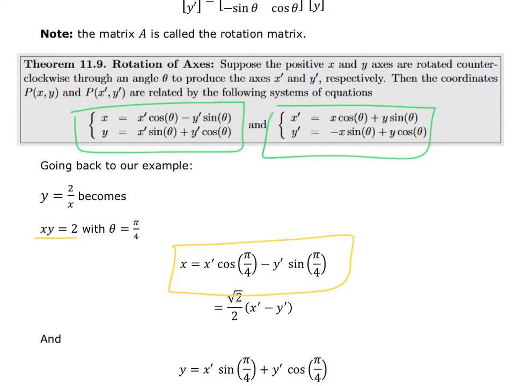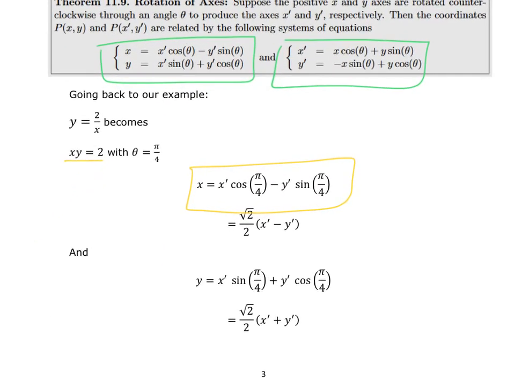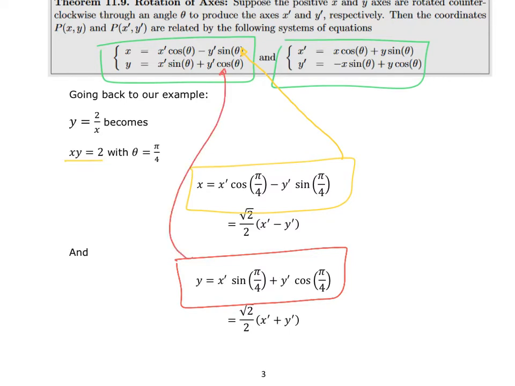And then I replace y using the same kind of thing, with x prime sine of my angle plus y prime cosine of my angle. And what I'm using is these equations right here. That's that equation, and that's that equation. So all I'm doing is plugging in the information that I know.